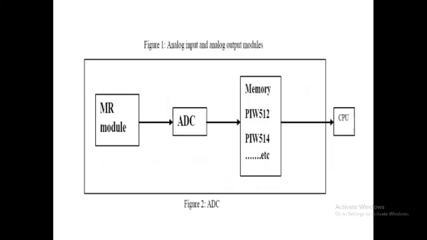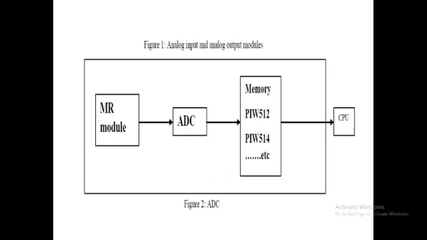In the previous program, the input voltage read from the input data is divided by some value, and when the input voltage is 0 volt, the value stored will be 0, and when the input voltage is 10 volt, the value stored will be 10.